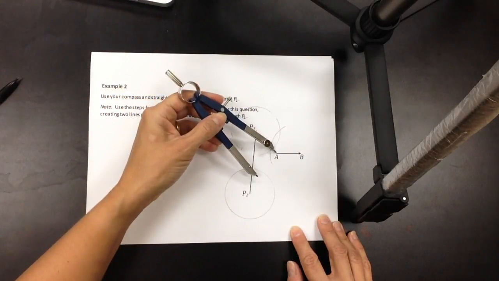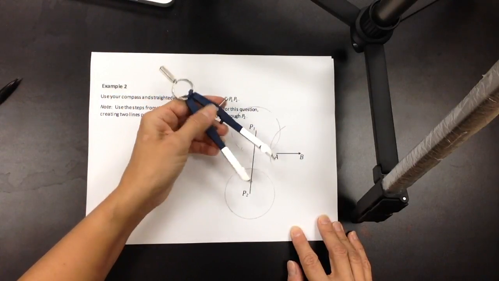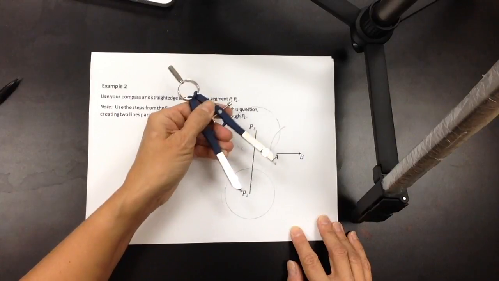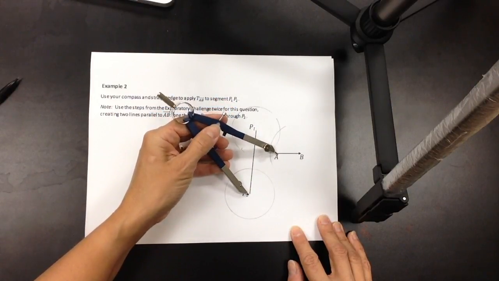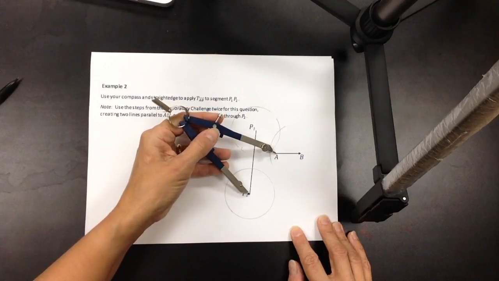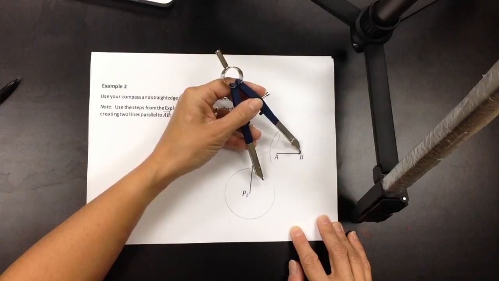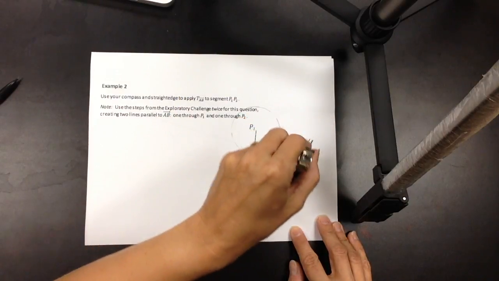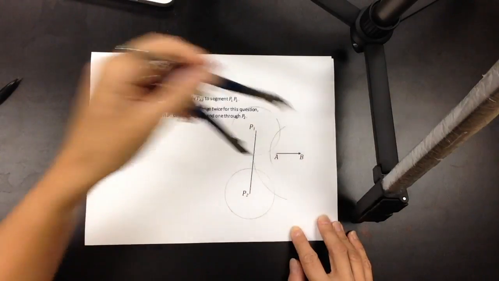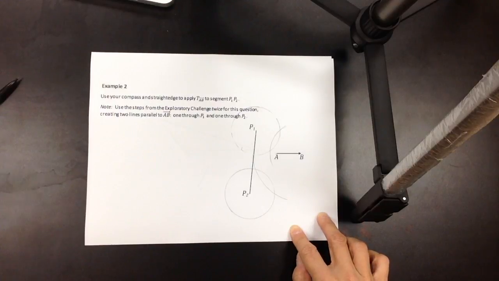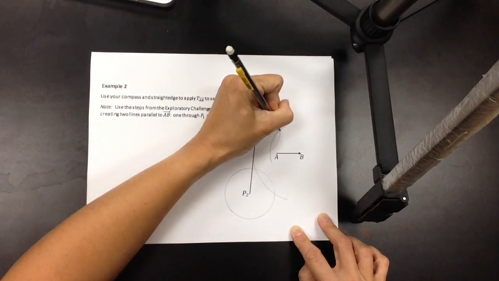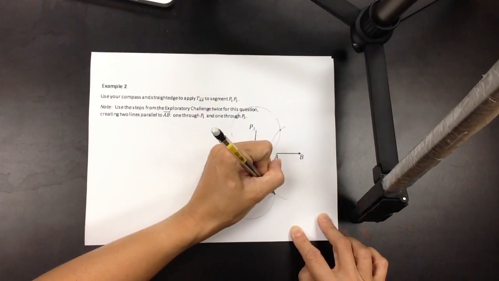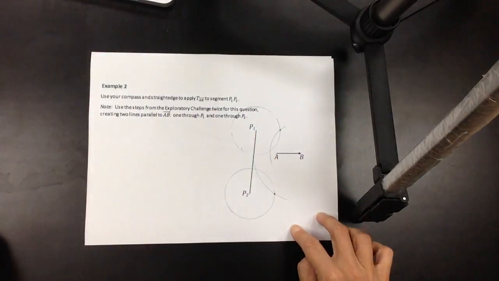And then a circle, radius AP2. The first one was AP1. Now we're doing AP2. You get that radius right. And through B again. So here's our point, and here's our point.